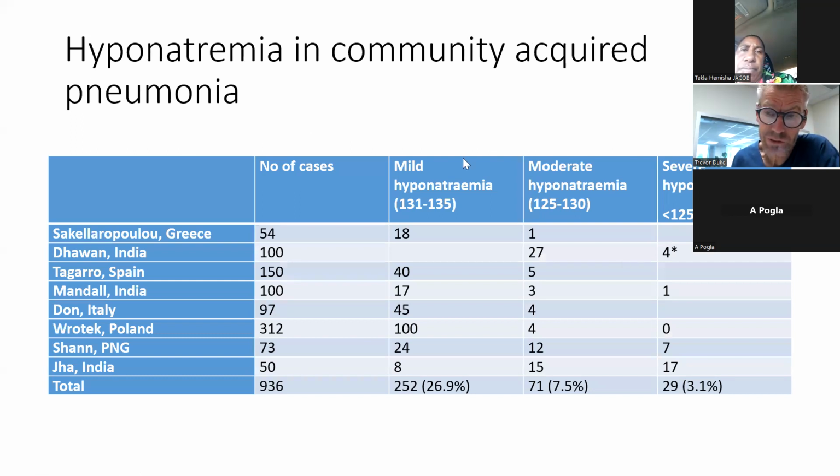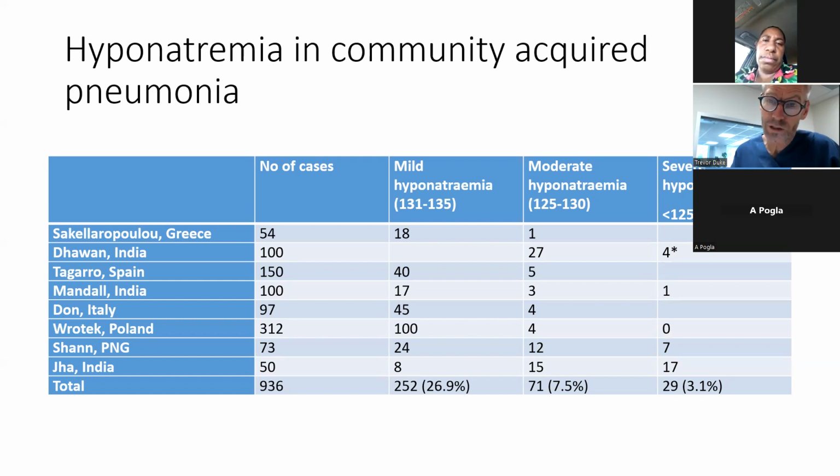I wanted to talk about the frequency of hyponatremia in pneumonia, in meningitis and in malaria. I won't go into all the science or all the evidence, but these are the studies that have been done looking at how frequent hyponatremia is. Think of hyponatremia as a serum sodium of less than 135.